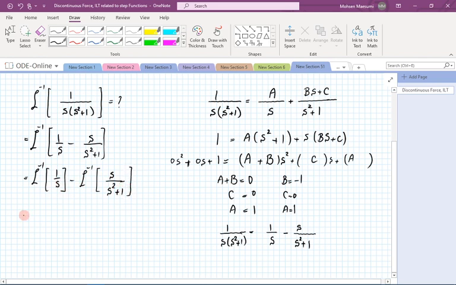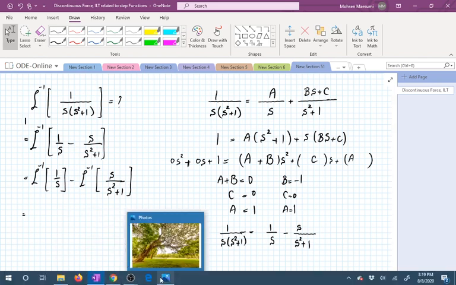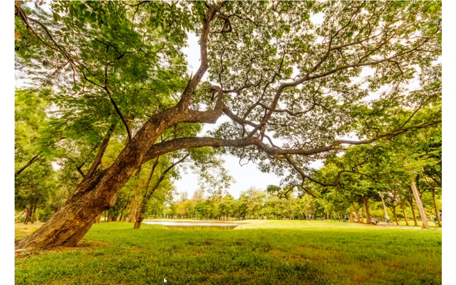So what is inverse Laplace of 1 over s? Do you remember what that one was? Maybe you want to think about this thing yourself. What was the inverse Laplace of 1 over s?